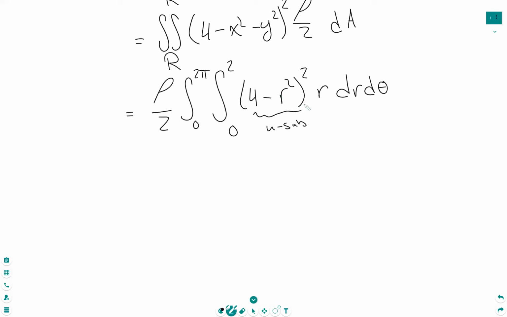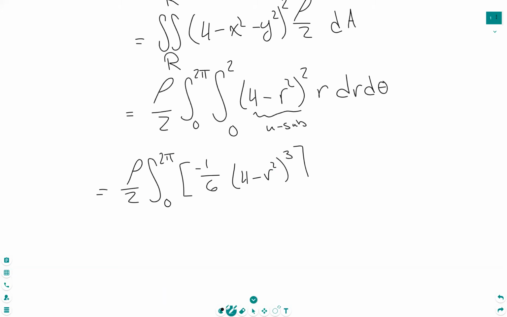At the end of the day, you still get a rho over 2, an integral from 0 to 2 pi, and then a negative 1 over 6, 4 minus r squared cubed, from r equals 0 to r equals 2, d theta.